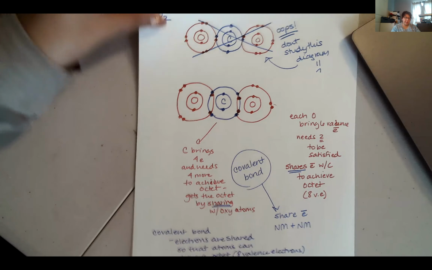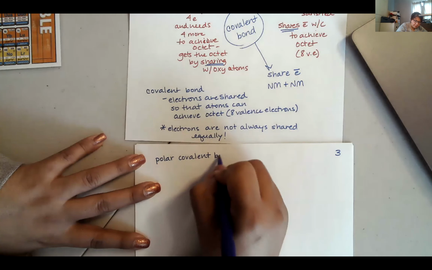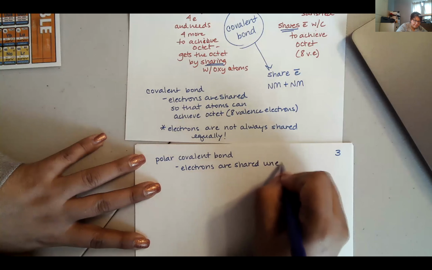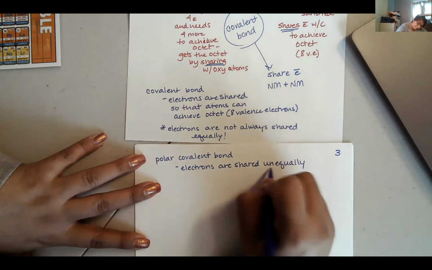When you have a polar covalent bond, the electrons are shared unequally. And it creates an area on the molecule with a slight positive charge.